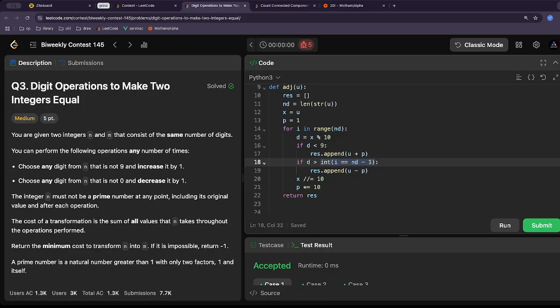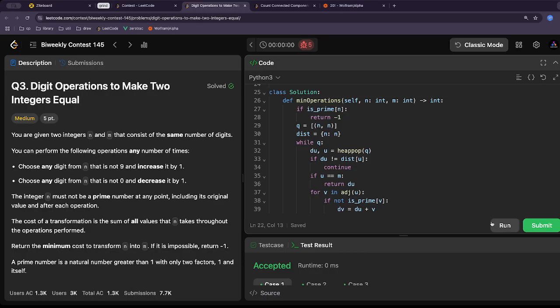So when we are at the most significant digit, this is going to be 1, which means that we can only decrement if it is greater than 1, right? If it is 1 or 0, we cannot decrement it, right? But for any other digit, this is going to be 0, right? This is going to be false, right? So the number is going to be 0. And so that's going to be the expression that we had before, right? That d is greater than 0. So this is it.